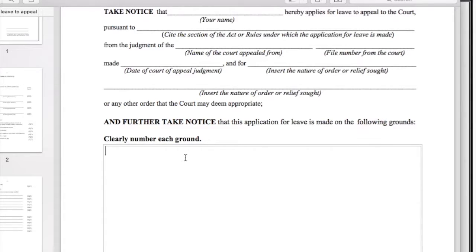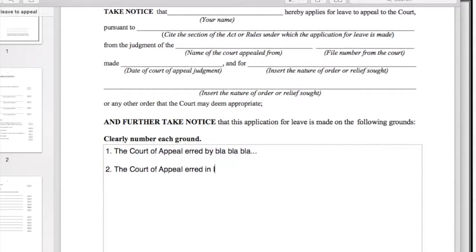And so, fill in the blanks here. This is great that they give you this. For some of the lawyers' forms, they don't give you this kind of a document. It gives you a completely different looking document that gives the lawyer a lot more control.